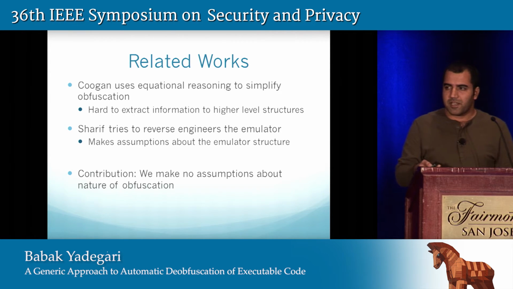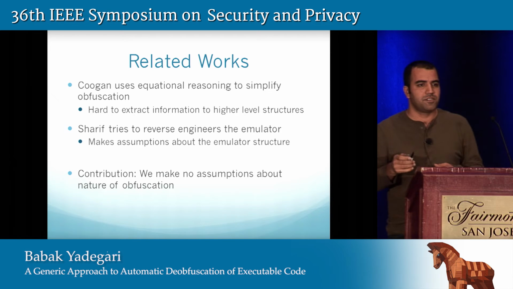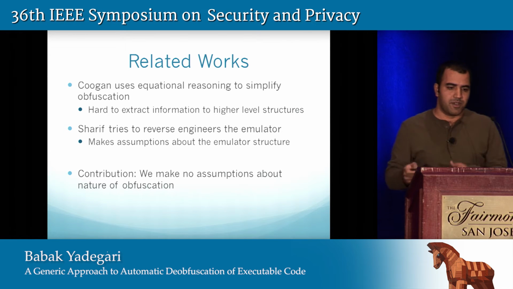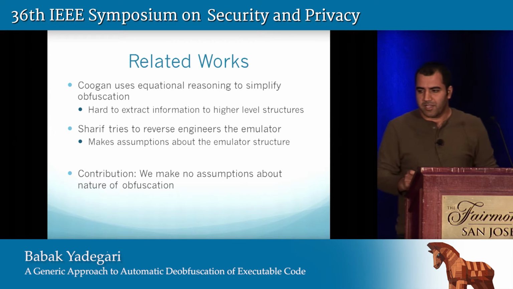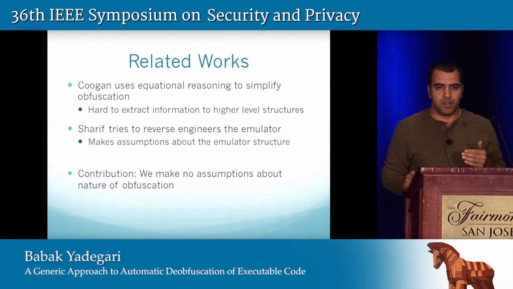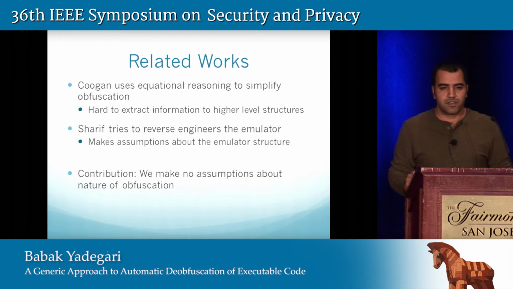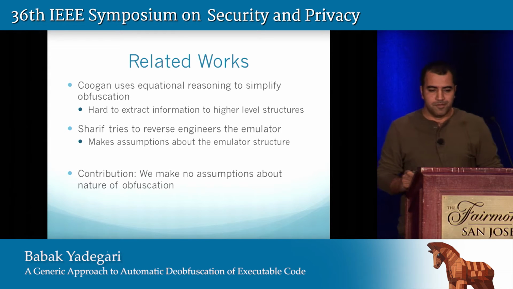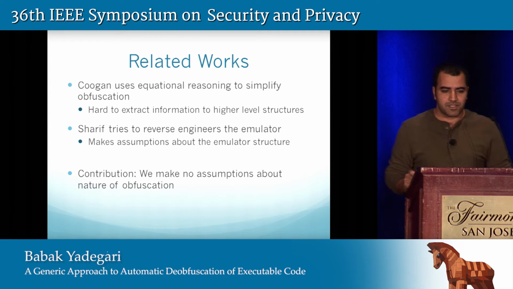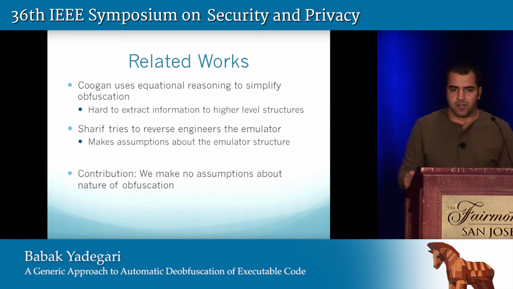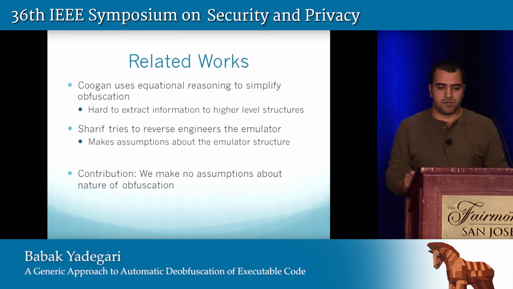The problem with this approach is that it is hard to extract higher level information like the CFG or syntax trees from the simplified trace. Sheriff uses abstract variable binding to reverse engineer the emulator that was being used to obfuscate. But again, the problem here is that they make strong assumptions about the underlying obfuscation being used.